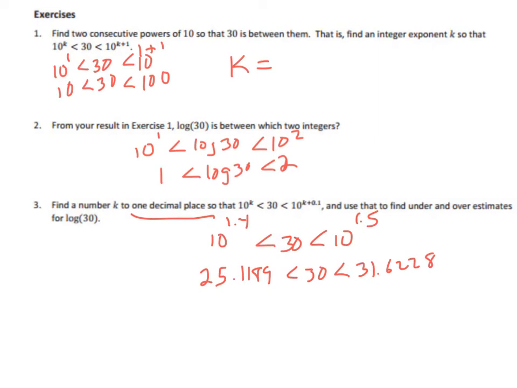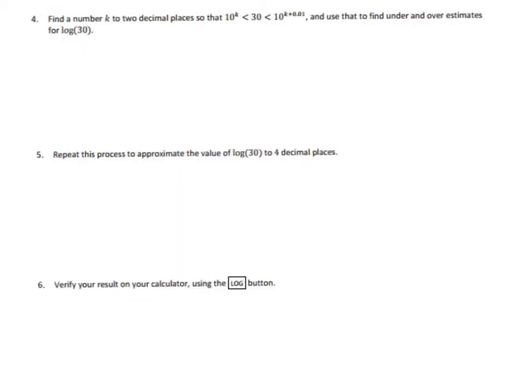It's getting closer, but we didn't want to go over. It asks for the over and under estimates we got. So it's approximately 1.4 something, but it doesn't quite hit 1.5. If we take it out to the next step, you will find that 10 to the 1.47 is 29.5121.